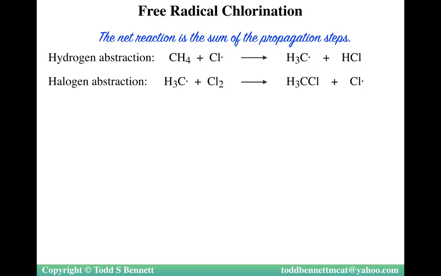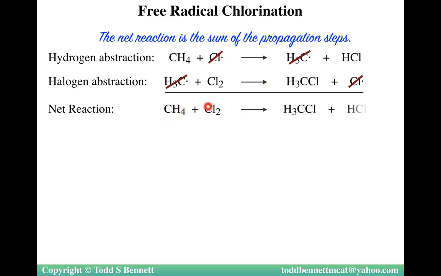So if I add these two together, I should cancel out things on opposite sides. So I have the chlorine free radical and the methyl free radical. I'll get rid of the two methyl free radicals, get rid of the two halogen free radicals, and you end up with the overall reaction: CH4 plus Cl2 goes to methyl chloride and HCl.